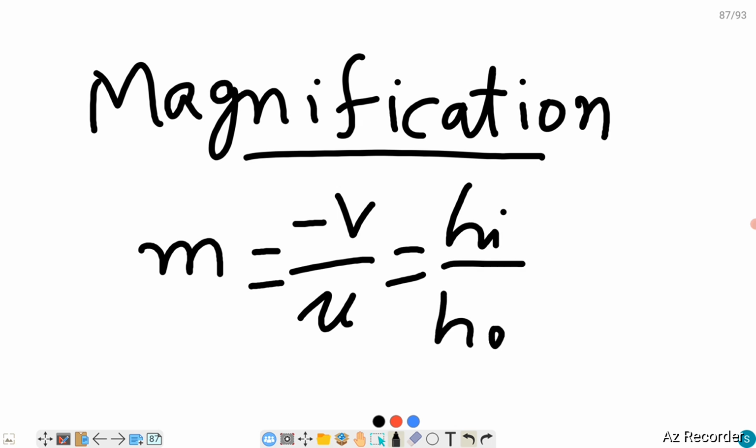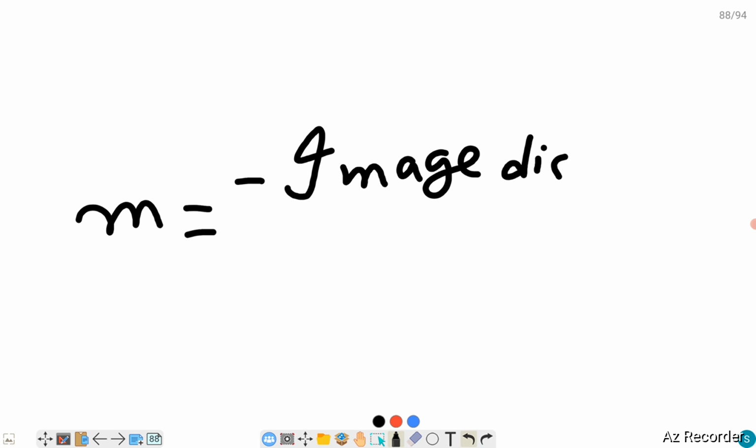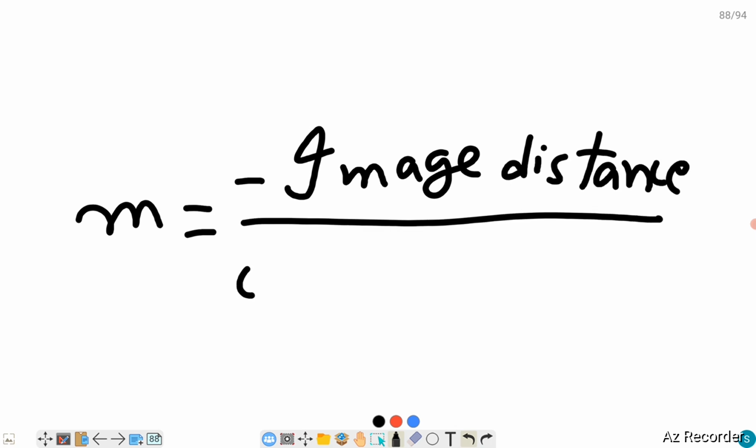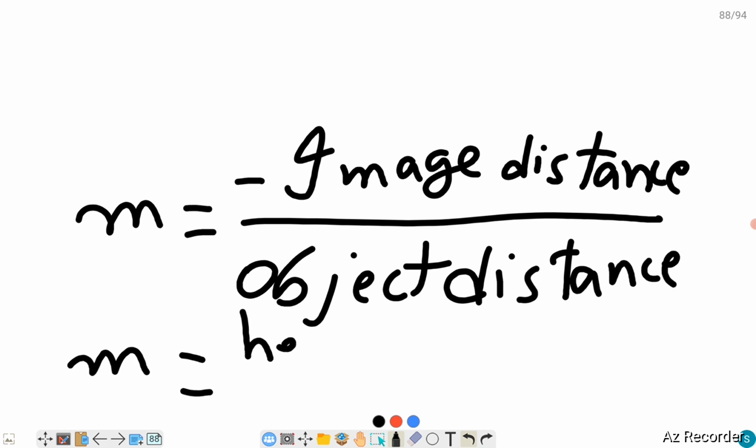You know what v is, correct? So M is equal to minus image distance by object distance. Okay. And then height of image by height of object.